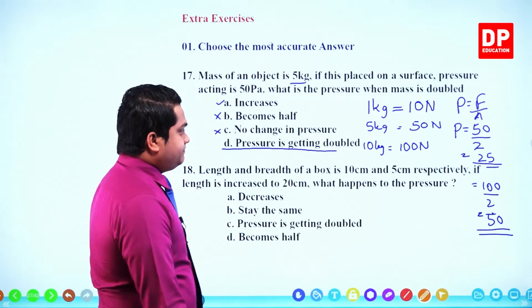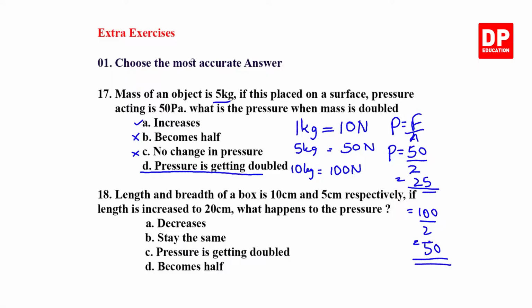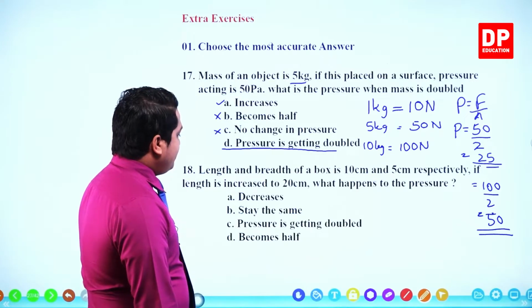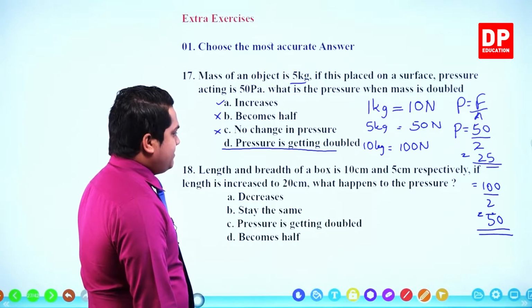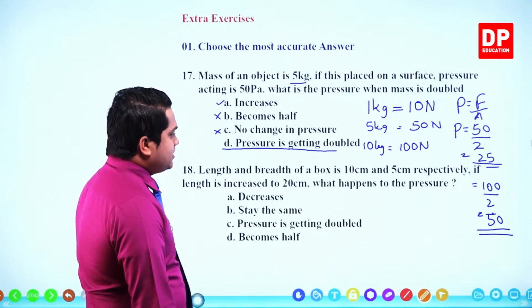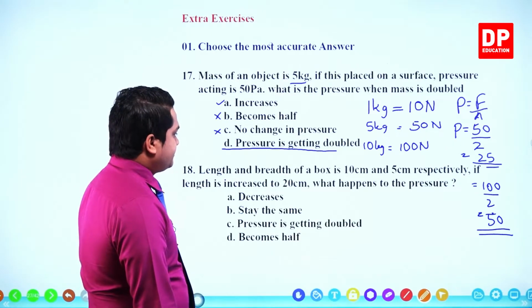Right then. Length and breadth of a box is 10 centimeters and 5 centimeters respectively. If length is increased to 20 centimeters, what happens to the pressure?